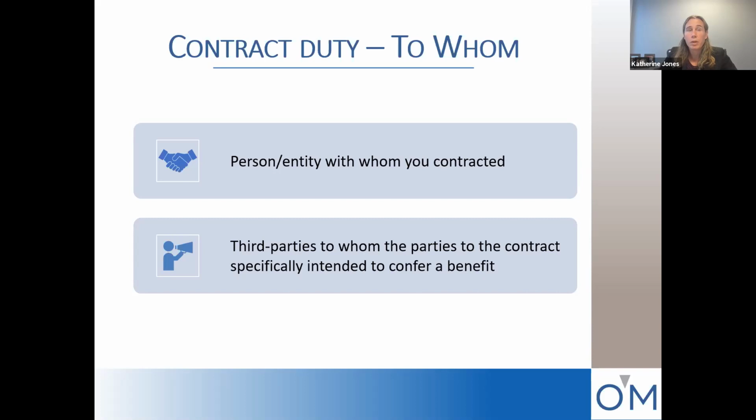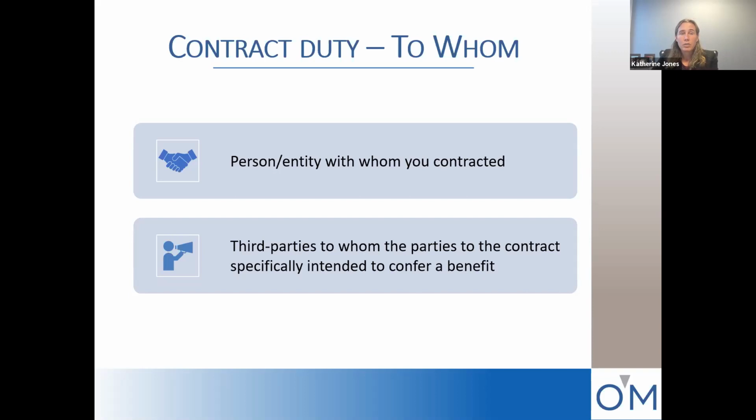So for example, if a project owner contracts with an architect to perform design services, and then that architect subcontracts out to an engineer to perform some of the design services, the owner is not a party to the architect-engineer contract. And therefore, the engineer does not owe a contractual duty to the project owner because they do not have a contract with each other.